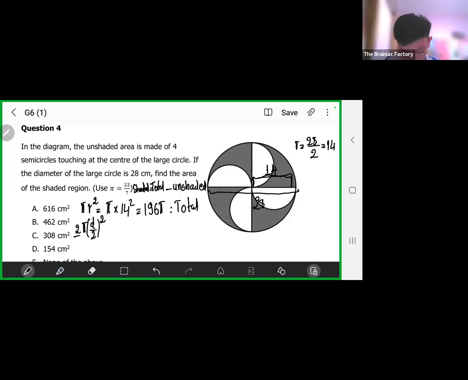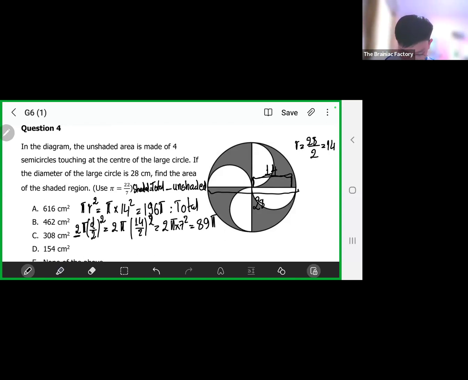Why are we multiplying by 2? Because these four semicircles can be formed as two full circles. So this gives us 14 over 2, so 2 pi times 7 squared, and it is 89 pi.